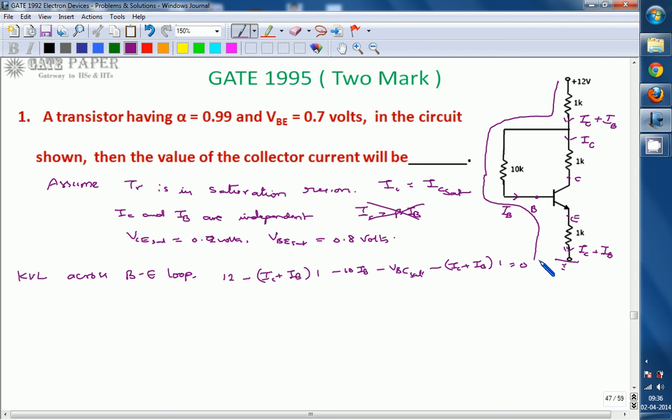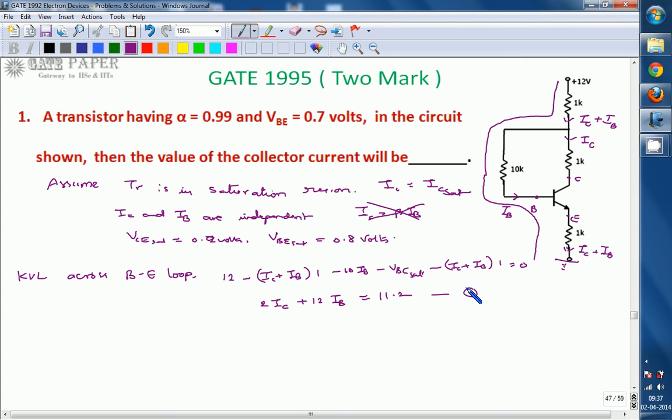If you simplify this, this is the first equation: 2IC plus 12IB is equal to 11.2.